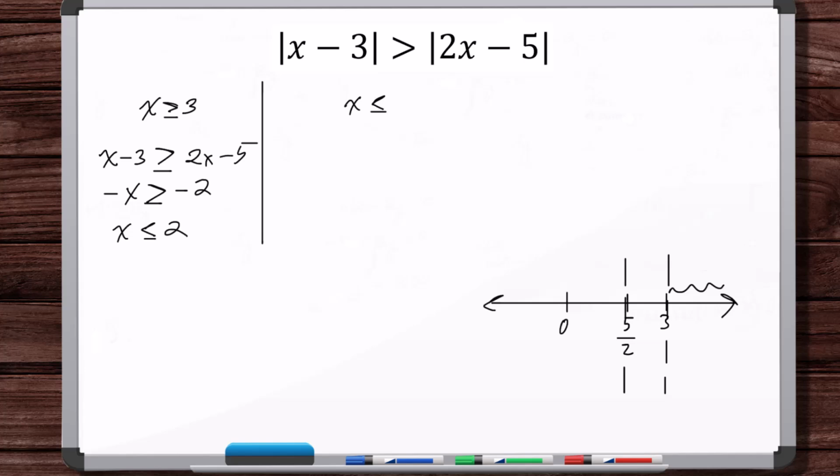Okay, so now we want to do less than 3, greater than or equal to 5/2. In that case, this is going to be 0 or positive, and this is going to be negative.